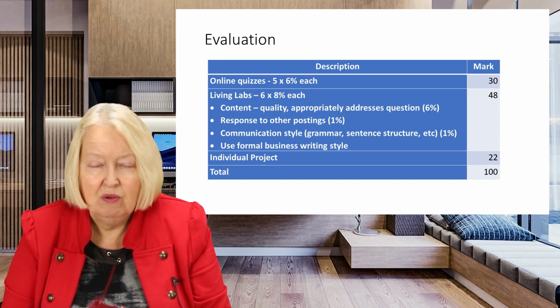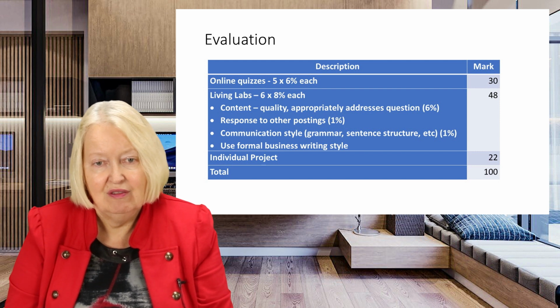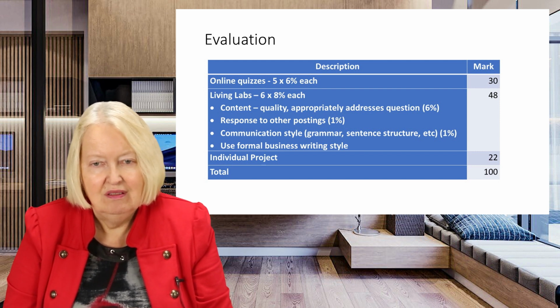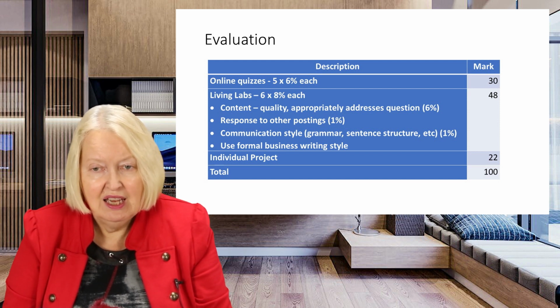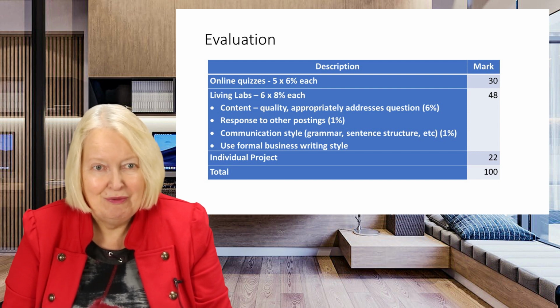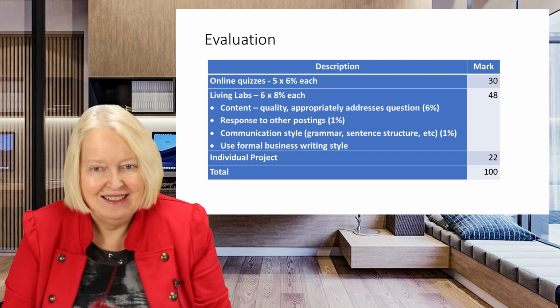If you respond to other postings, and your communication style, so your grammar, sentence structure, etc. You know, whether or not it's a formal business writing style, that's worth 1%. Then there's an individual project, and that's worth 22%. There's another video explaining the individual project in a little bit more detail. So all that adds up to 100%.